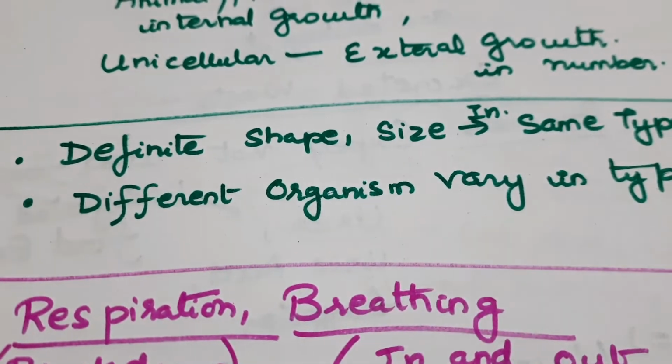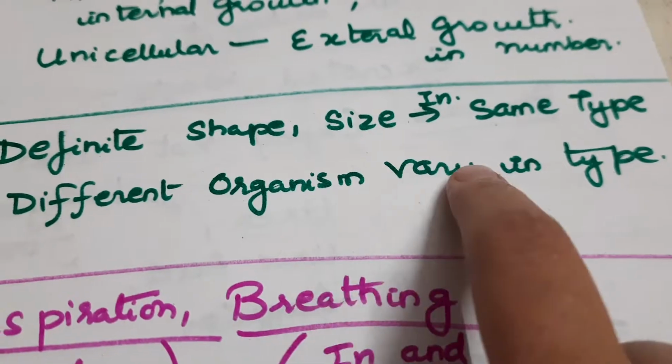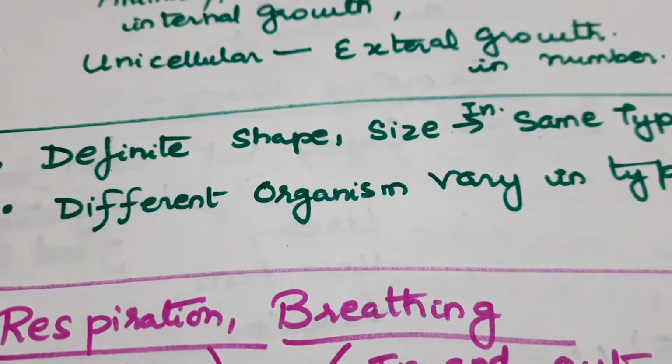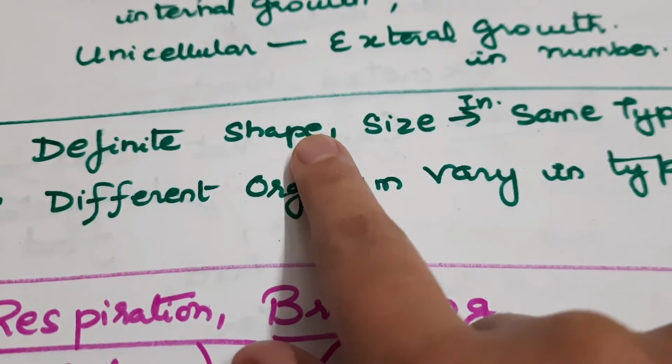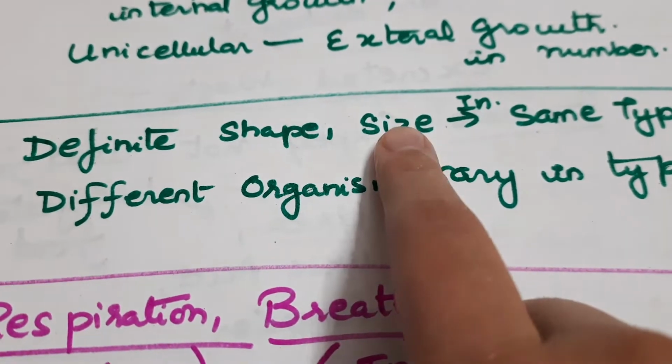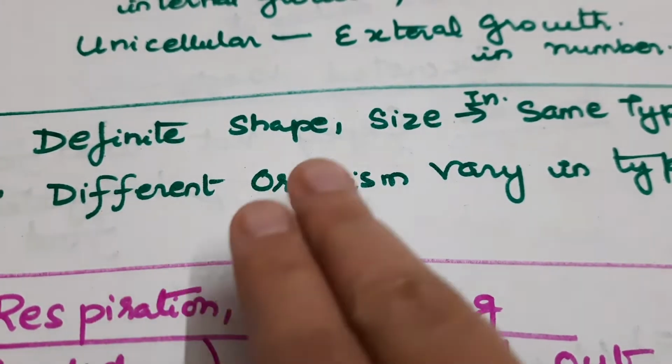Now coming to the next, definite shape and size in the same type of organism, but different types of organisms vary in shape and size. There is variation. For example, all elephants are of the same type, so they have the same shape and similar size, like a larger elephant or a smaller elephant.